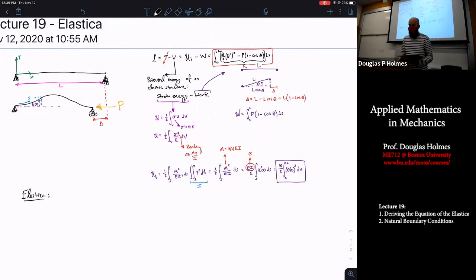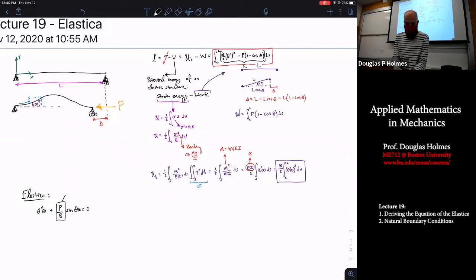All right. Hopefully you found that the governing equation for the Elastica is theta double prime plus, let's say, P over B times sine theta of S equals 0.